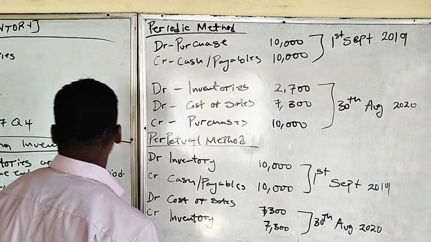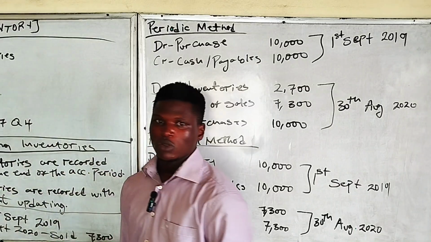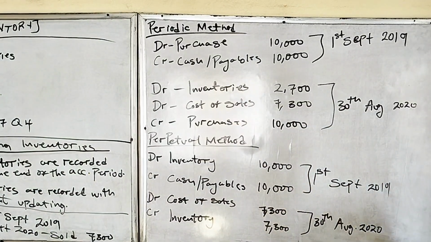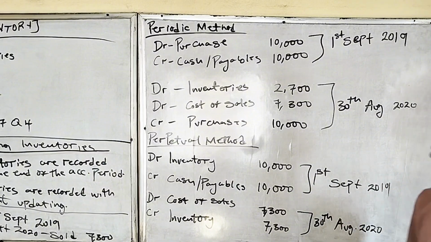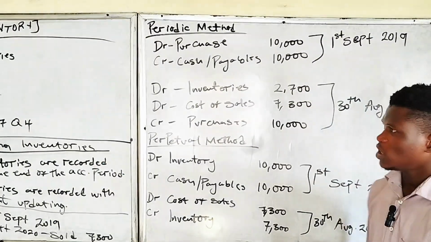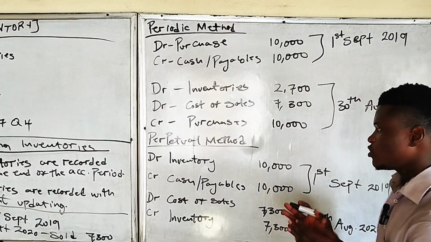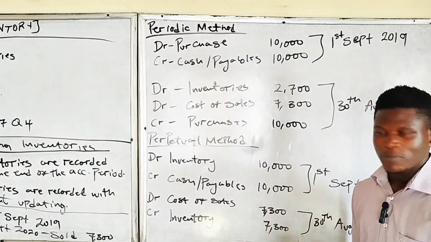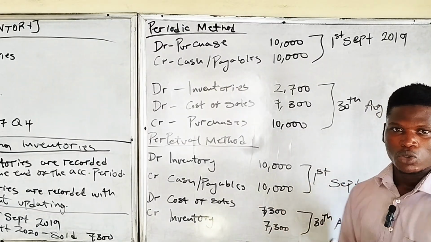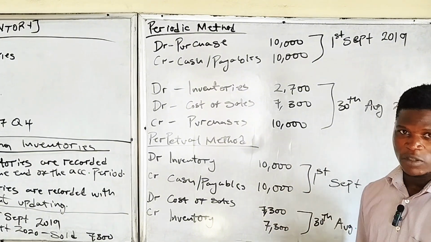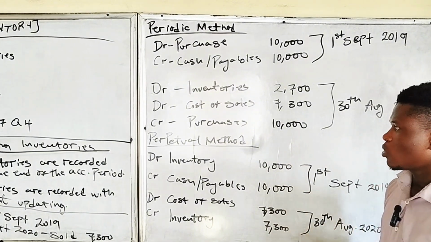So I believe we understand the definition and the method of recording inventories now. The next thing is stock taking. Stock taking is the process of a systematic count of inventory, or of your stocks. Inventory was previously called stock before it was revised by IAS 2, so we usually called them stock before.